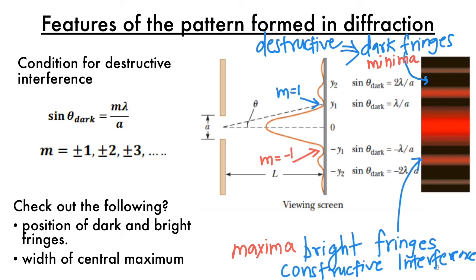You can also see how they are located using the formula. For negative y1, the value for sine theta is negative lambda over a, because m is equal to negative 1. And that's how we can get it for the others also.